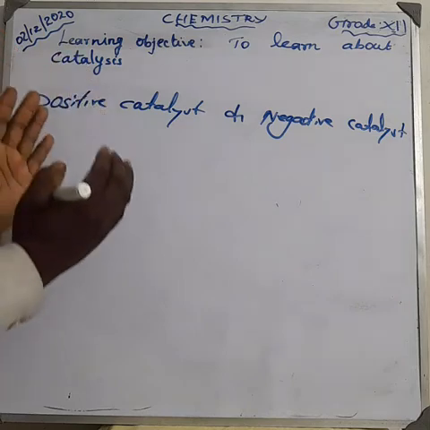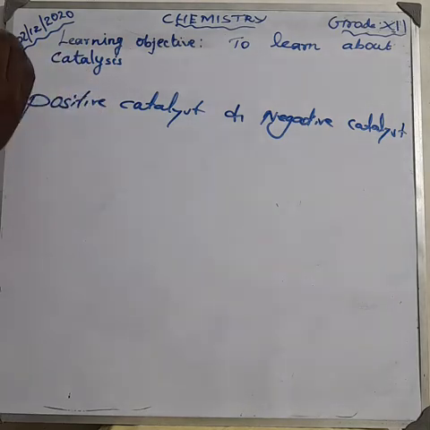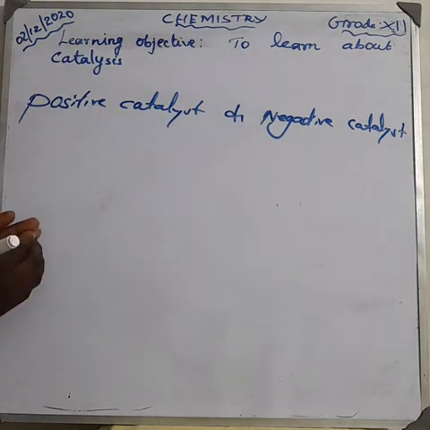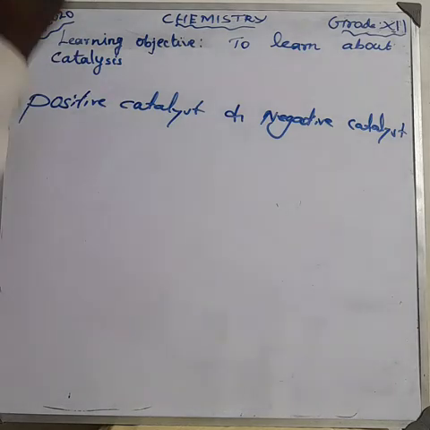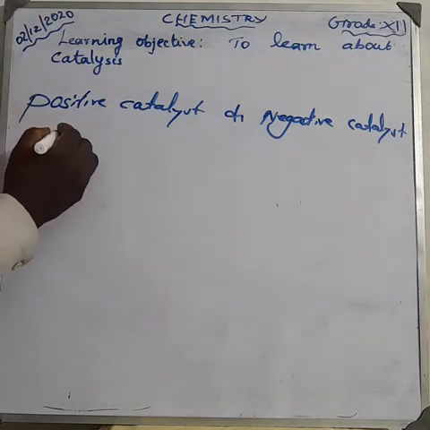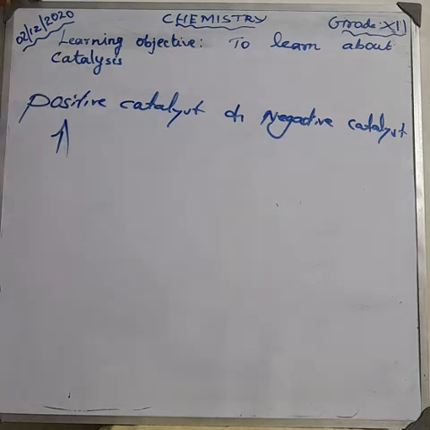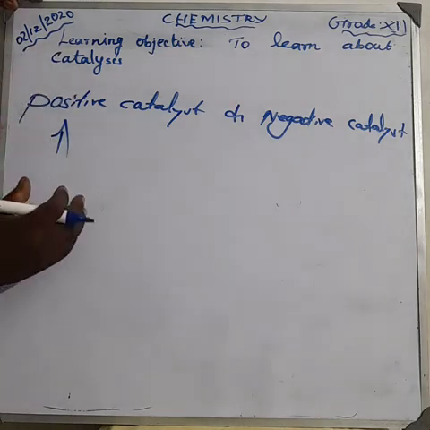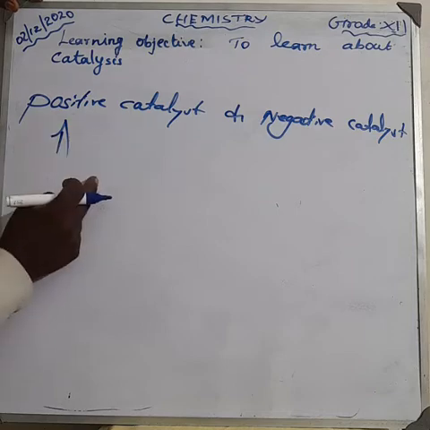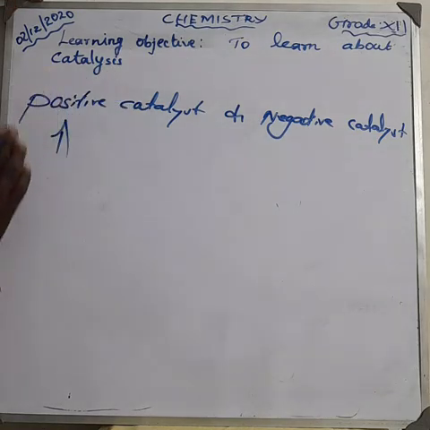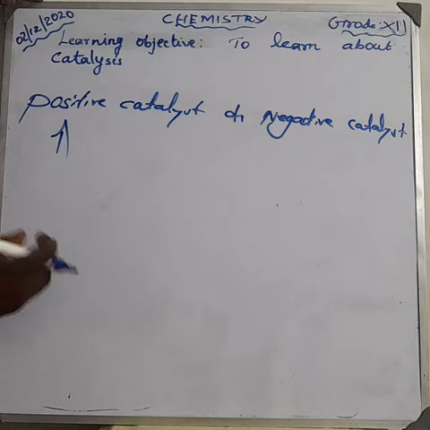What do you understand about the positive catalyst? Whenever we add one substance, the rate of the reaction is increased in the presence of the catalyst. We say that it is a positive catalyst.